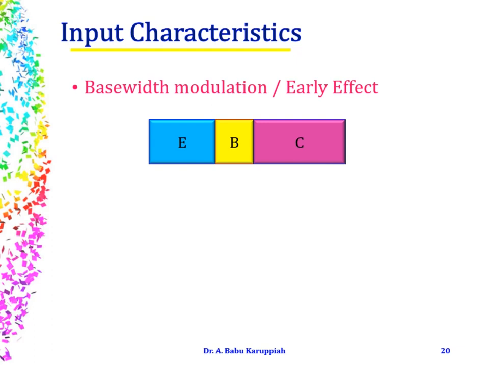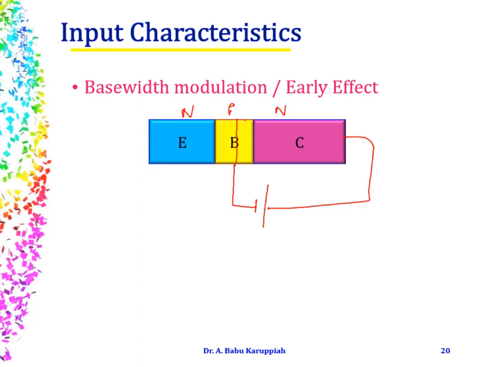When you reverse bias your collector base junction, if this is taken as an NPN transistor, what would happen? There is already a depletion layer formed. Now because of the reverse bias, the depletion region widens. As the base has lighter doping, the extension of the depletion region inside the base increases, right?